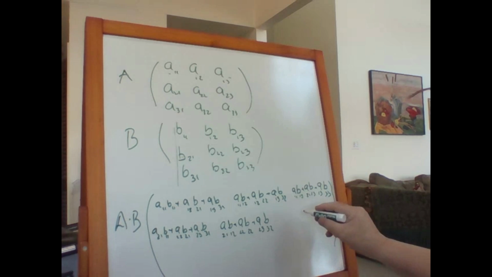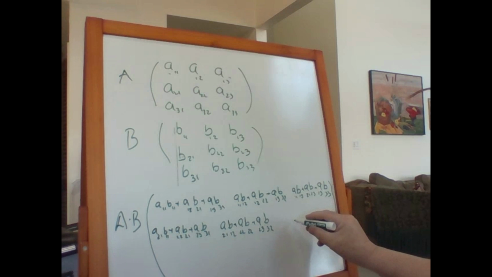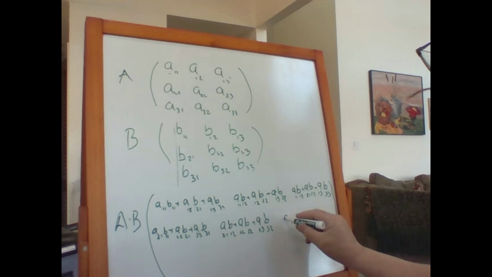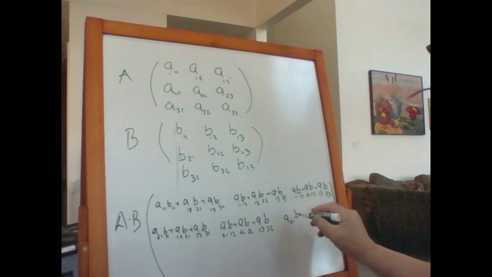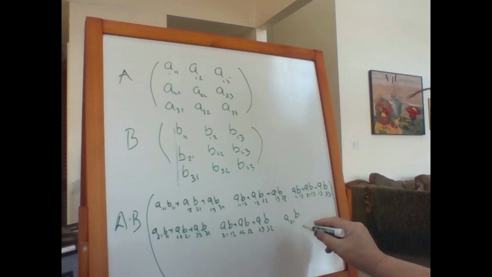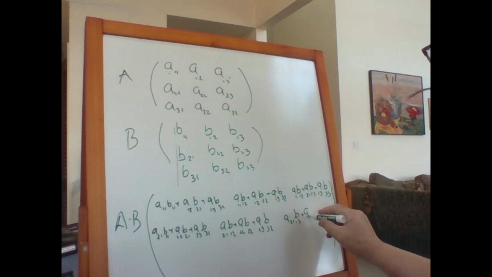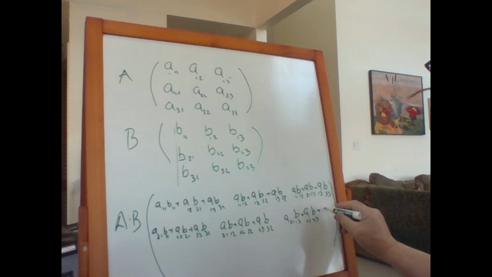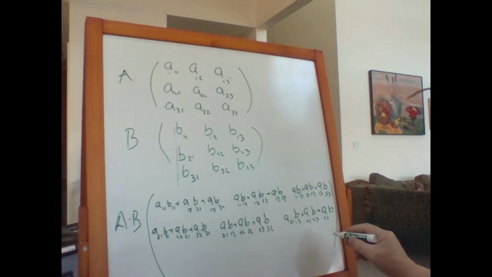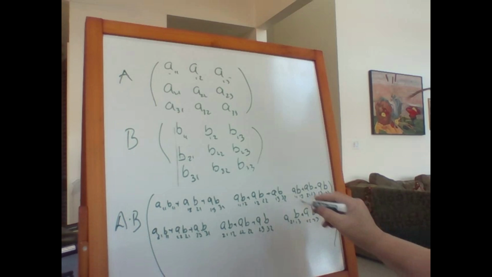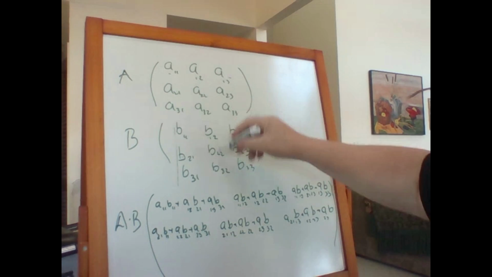And the last position for the second row is A2,1 B1,3 plus A2,2 B2,3 plus A2,3 B3,3.